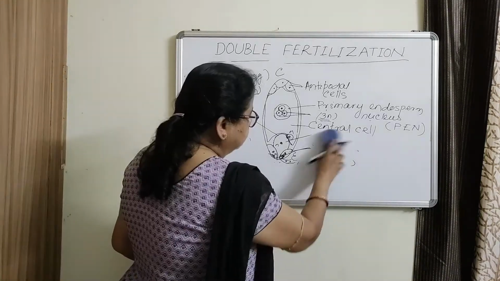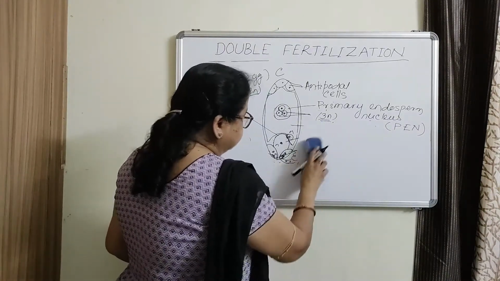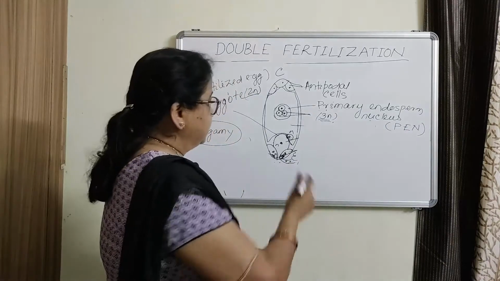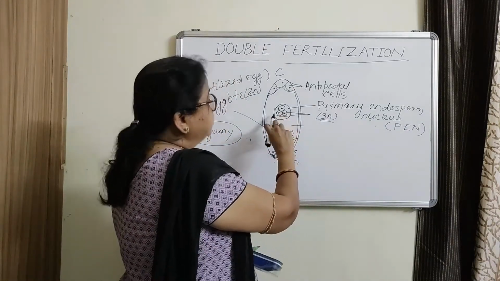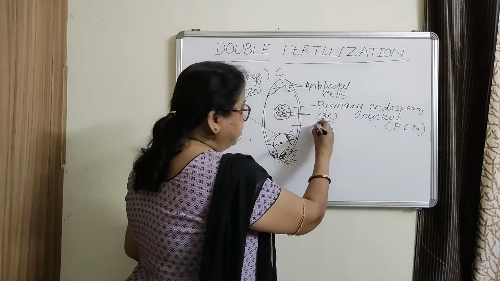And here we see there is fusion of three nuclei, so it is known as triple fusion.